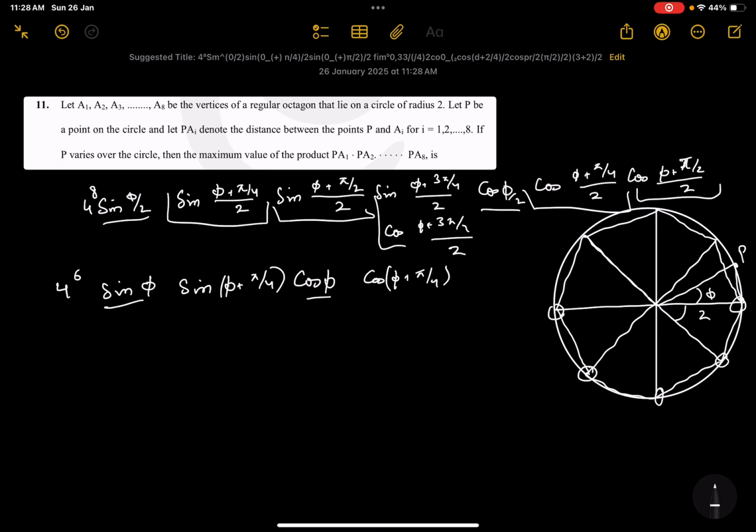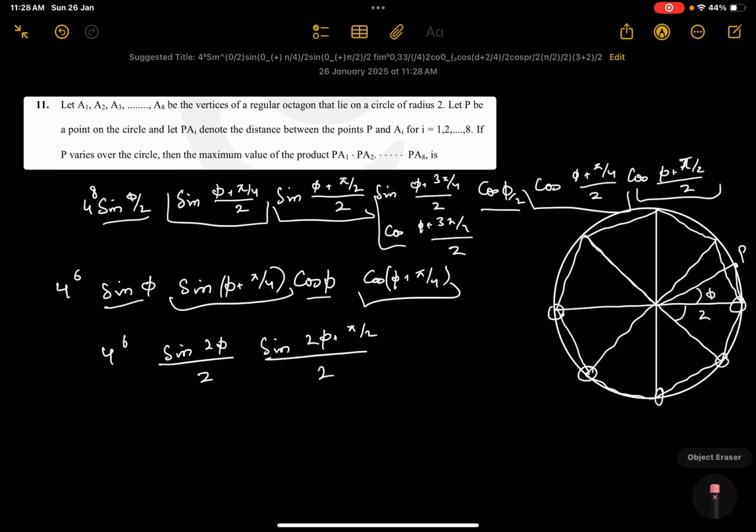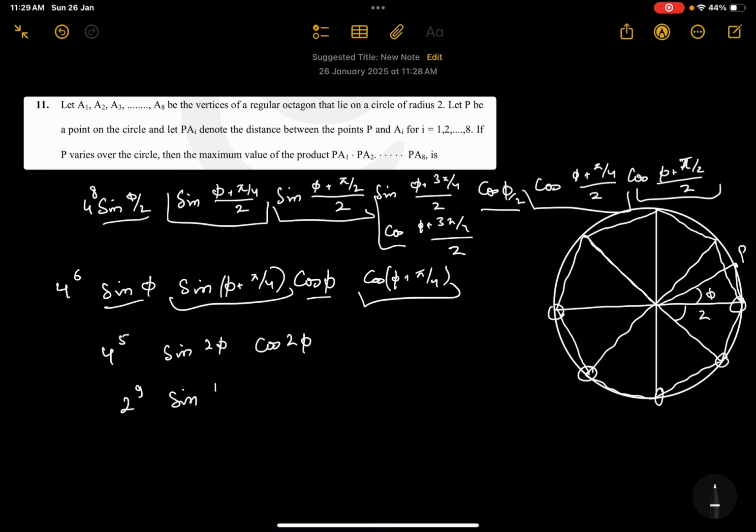Again this and this with this we'll get 4 to the power of 6 sine, and again these two get cancelled with a 4. Again this becomes cos 2 phi, and so this finally becomes 2 to the power of 9 sine 4 phi.